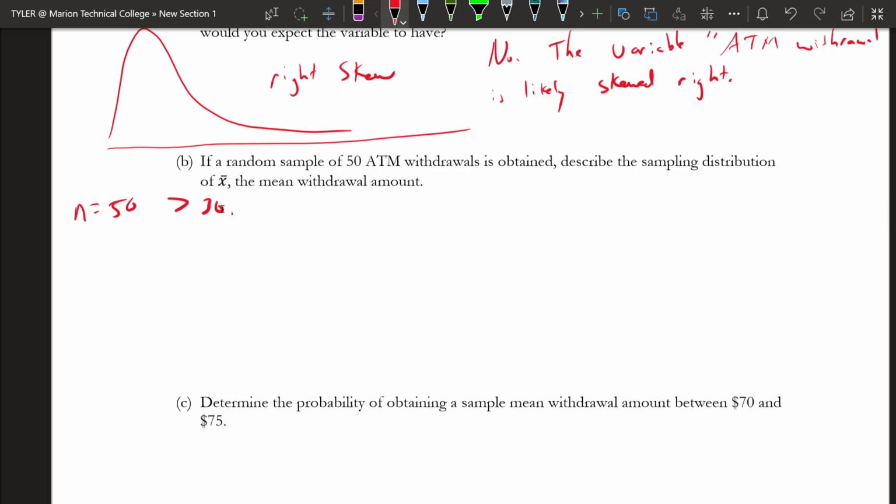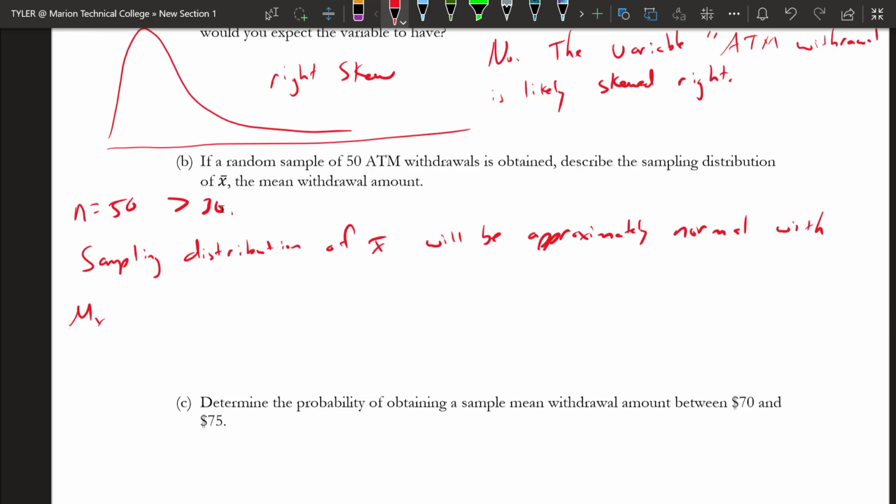So the sampling distribution of X bar will be approximately normal with a mean equal to mu, right, which was 67, as stated above, and a standard deviation of sigma divided by square root of n, which I know n equals 50, so I can plug that in.